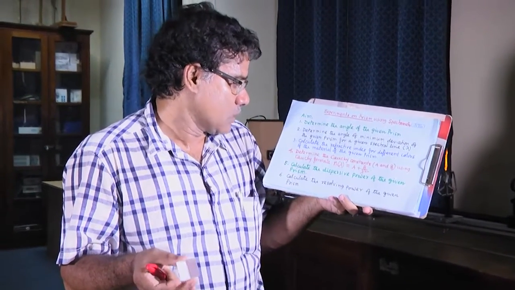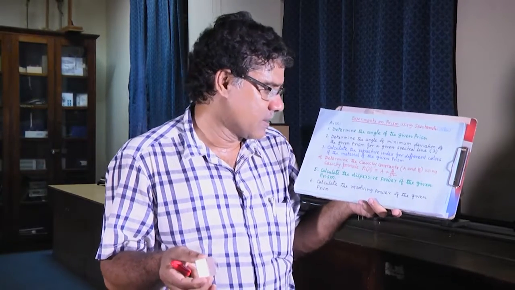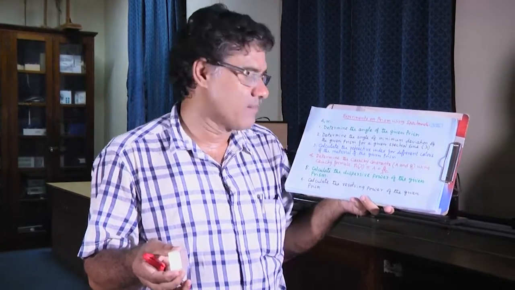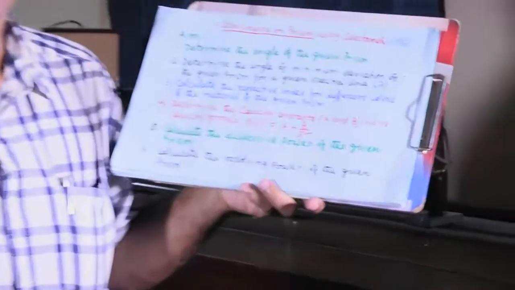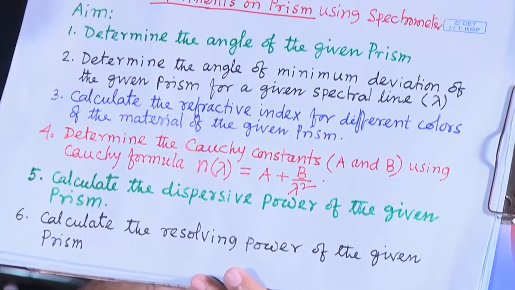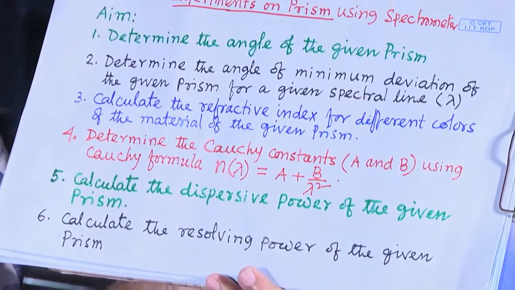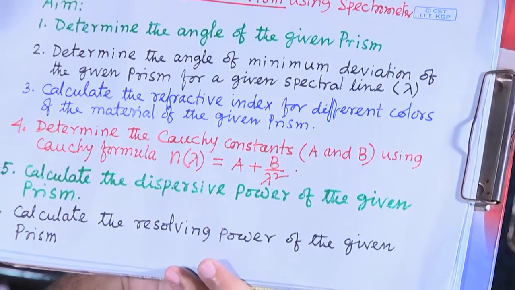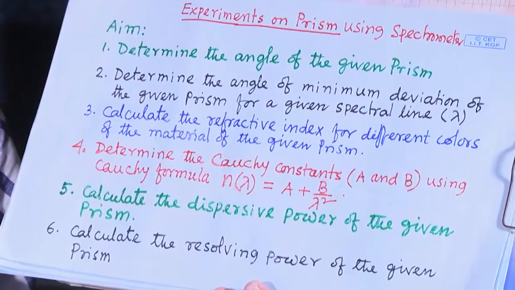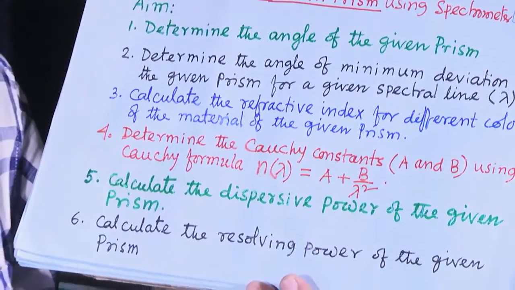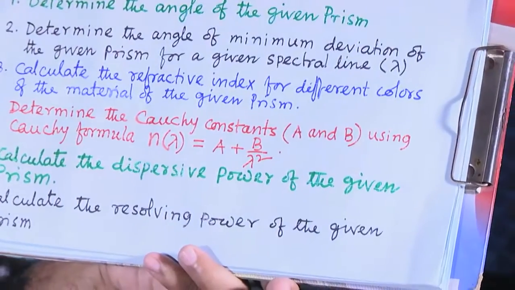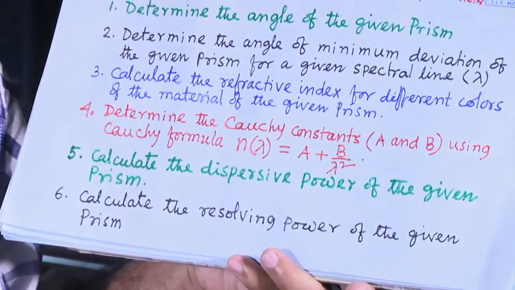Next, this minimum deviation depends on the wavelength, while the angle of the prism does not depend on the wavelength. So, refractive index, if you see the formula, that also is a function of wavelength. So, how does refractive index depend on the wavelength?